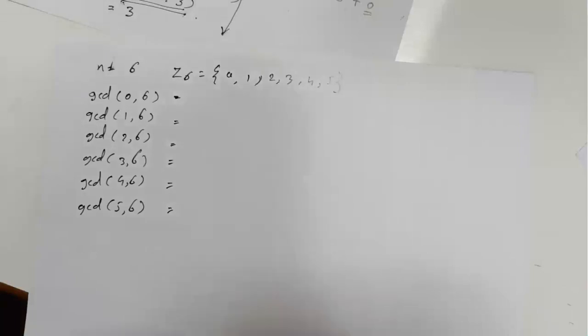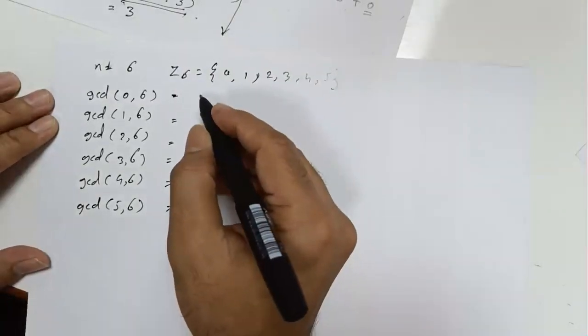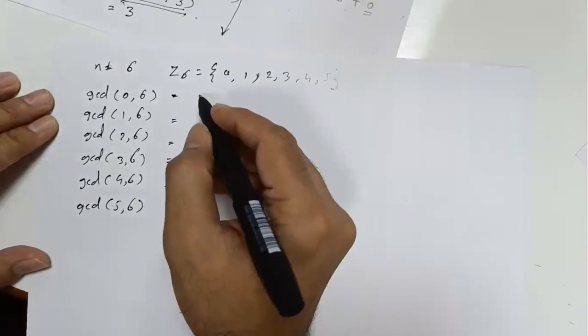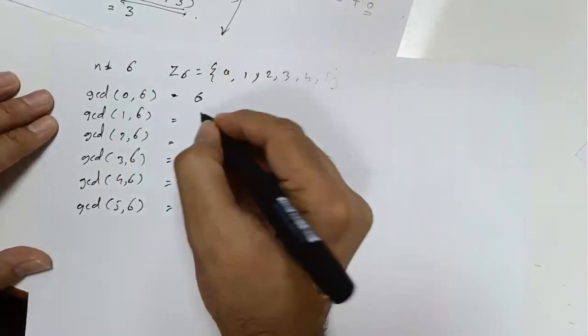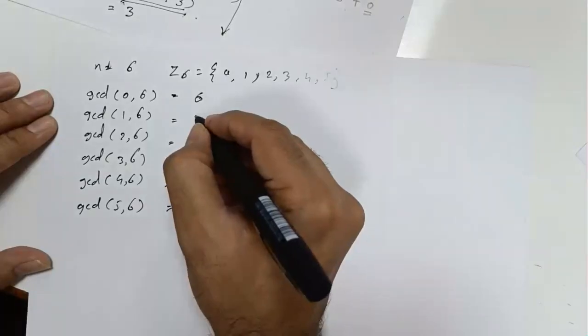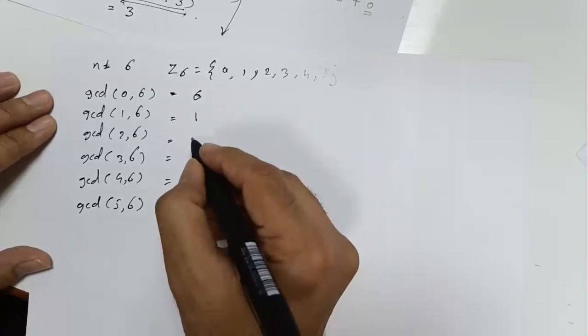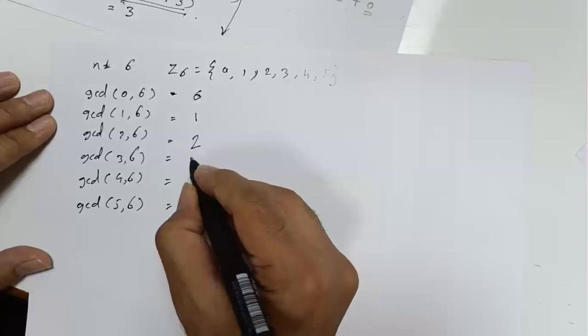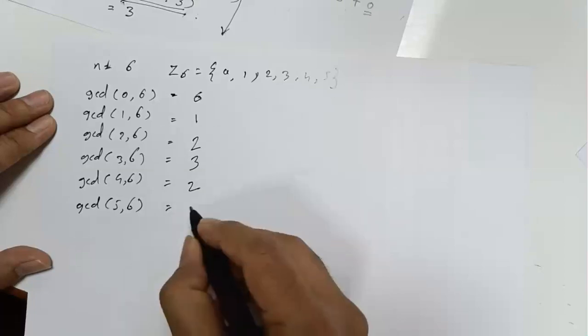What is GCD of 0 and 6? 6. That's correct. This one? 1. Okay. This one? 2. 3. 2. 1.